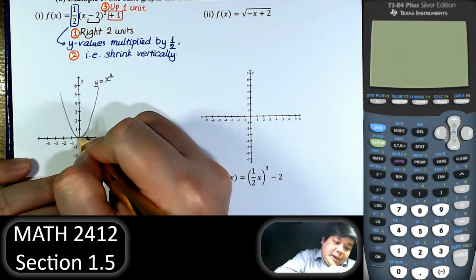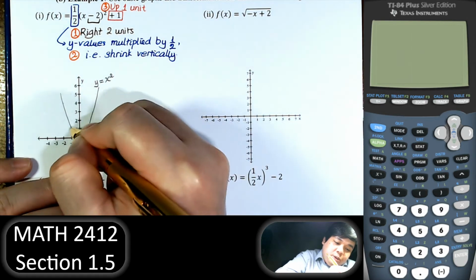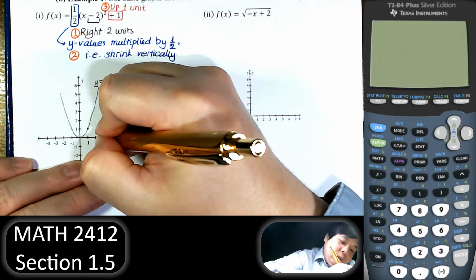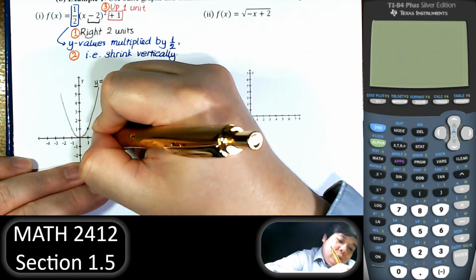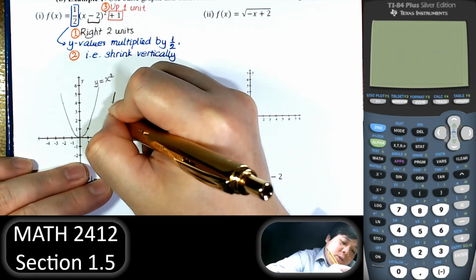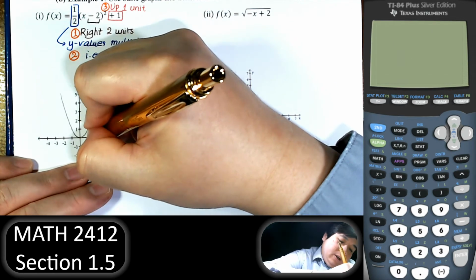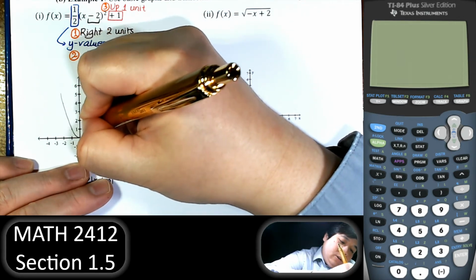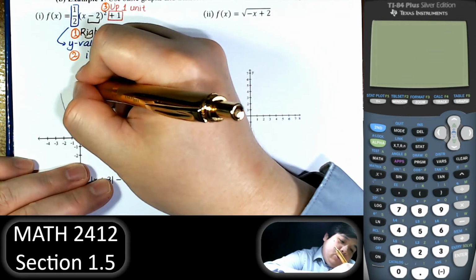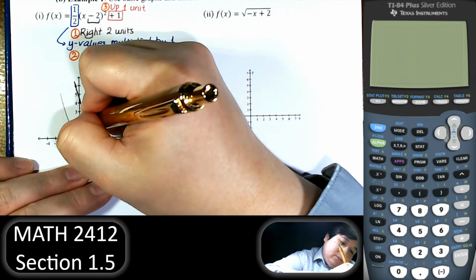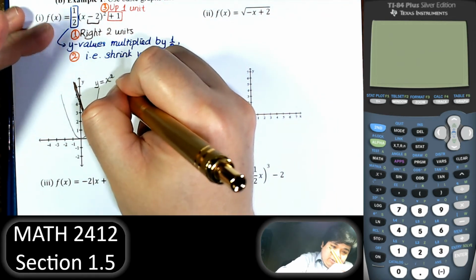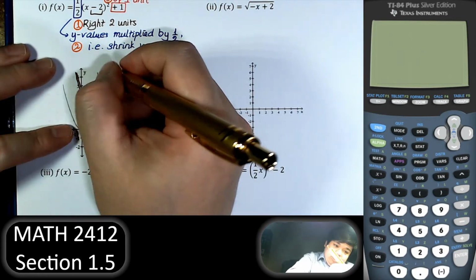So that is 2 units to the right. So I just say this is the first step of operation. So that is number 1.